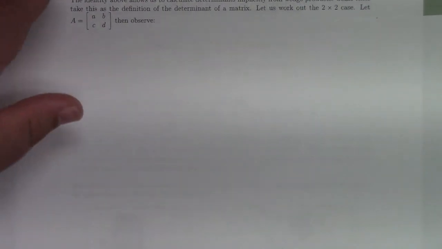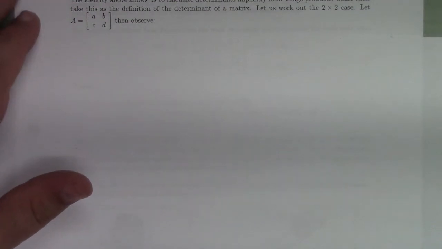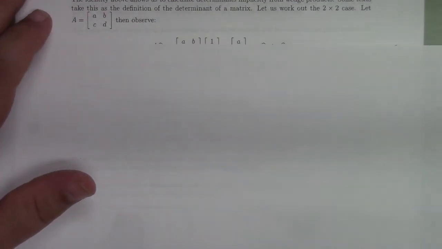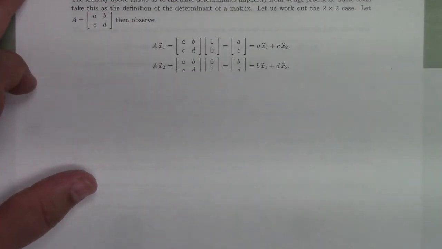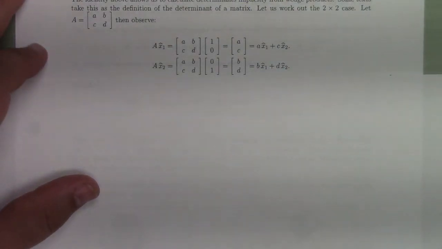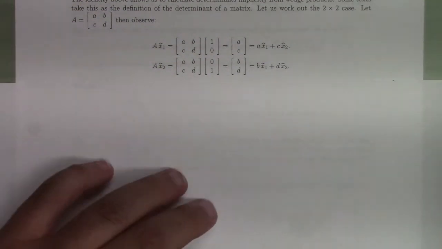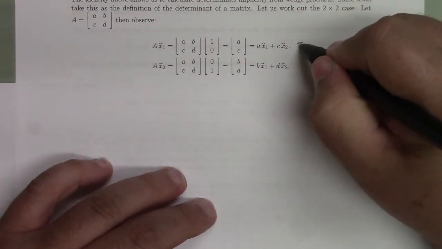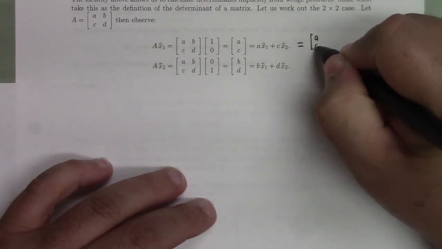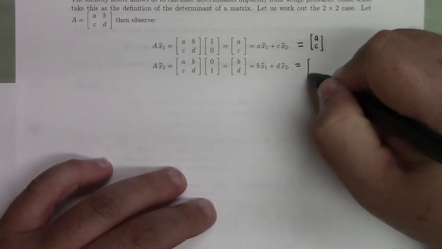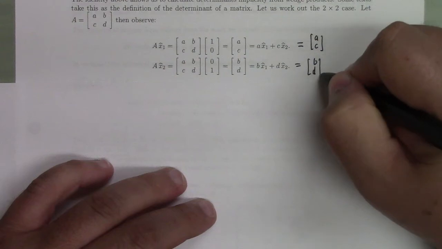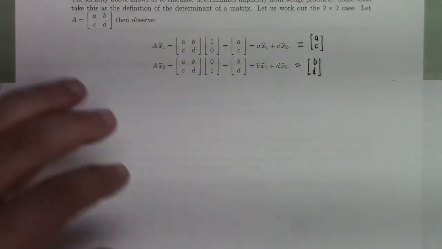Here's a quick calculation on how that goes for the 2x2 case, and maybe you'll find it instructive. If I have the matrix with rows a, b and c, d, then column 1 is (a, c), and column 2 is (b, d).